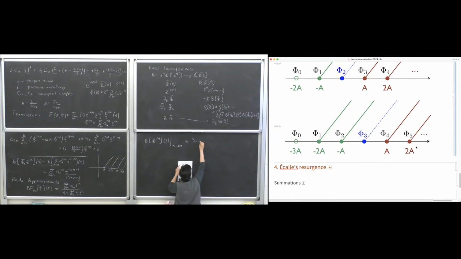I'm writing it slightly differently: it's a constant here, and this is not the Stokes constant, it is a function of the Stokes constants, times the Borel transform of phi n plus k at t minus ka. If I'm looking at t equals ka, this is at 0, times a log, so this is a log cut.